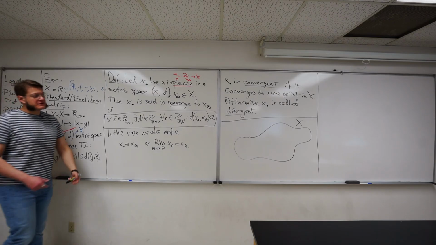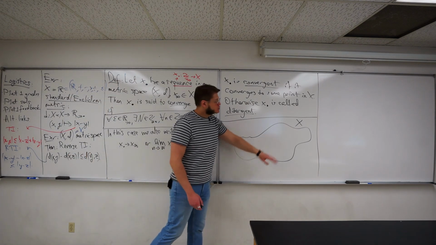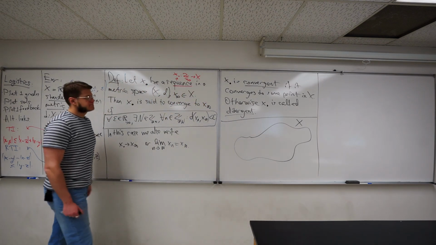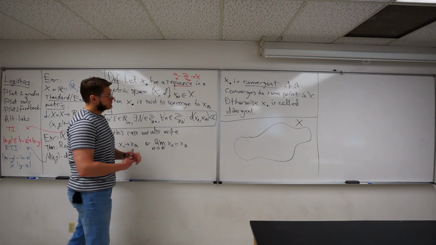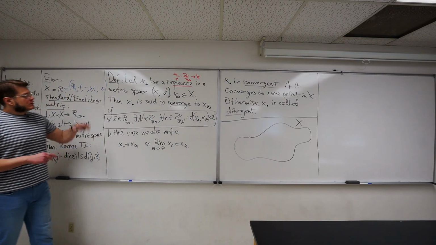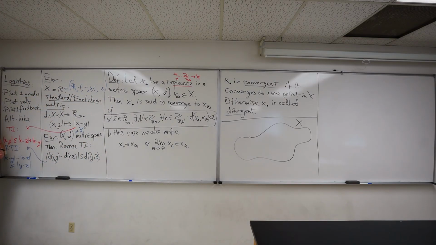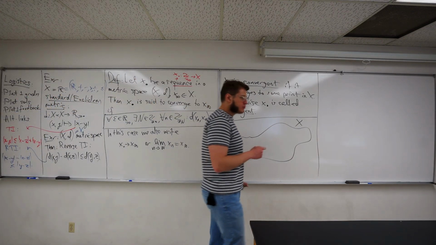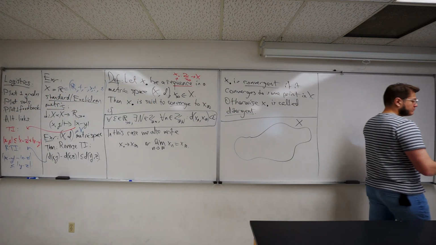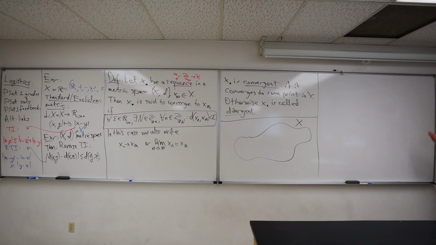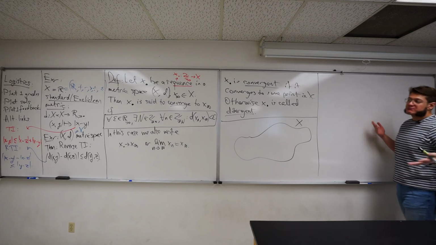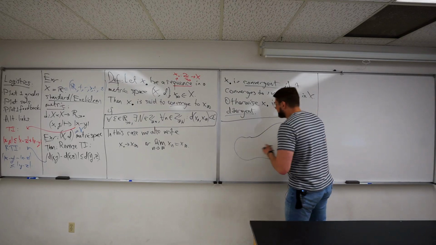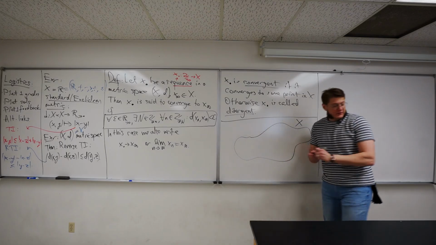Somehow, looking at planar caricatures ends up being more intuitive. So let's first try to imagine x bullets. I have n equals 0 gives me x0. That's 1 point. N equals 1. At time 1, I'm at a possibly different point.